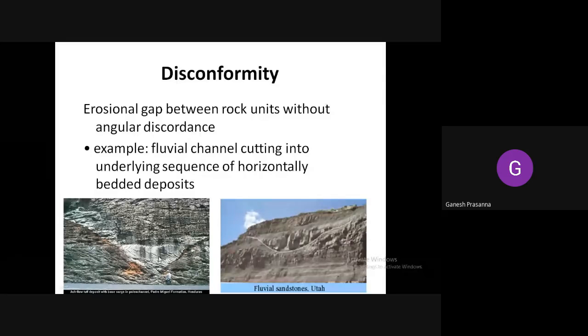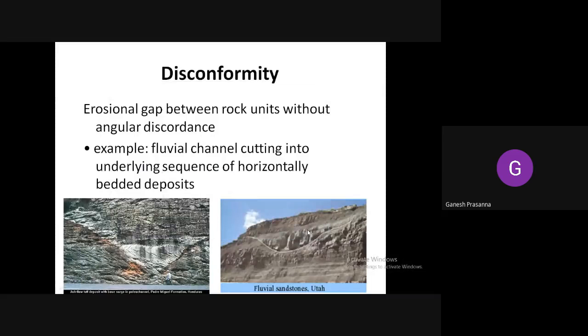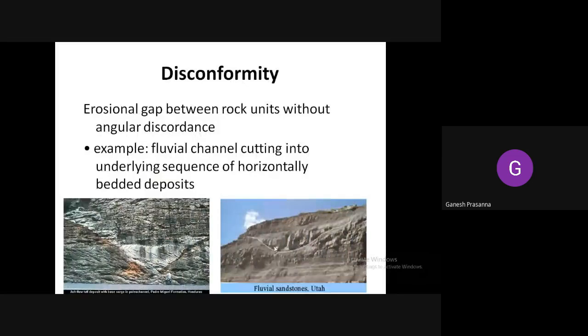of newer sediments. Here also you can see this is an older rock. Erosion has taken place in the older rock, and newer sediments are being deposited here, which results in the formation of a disconformity.